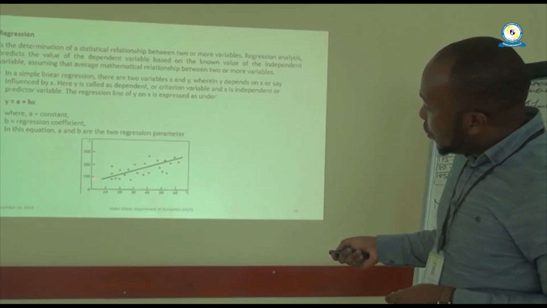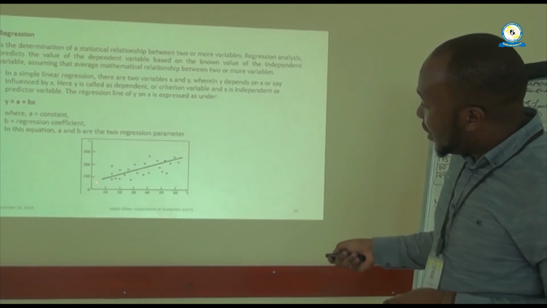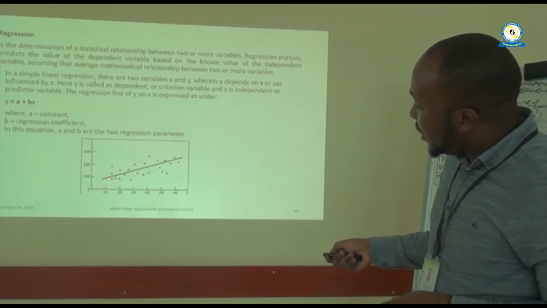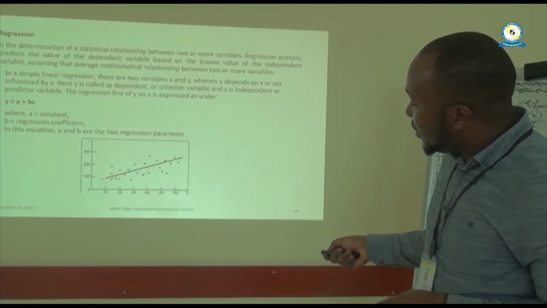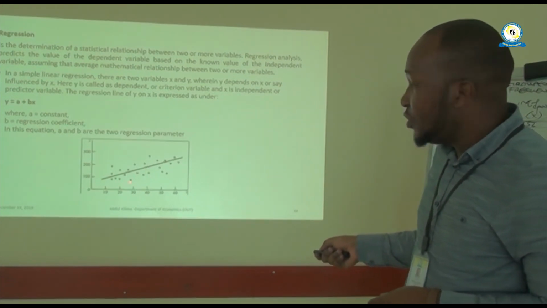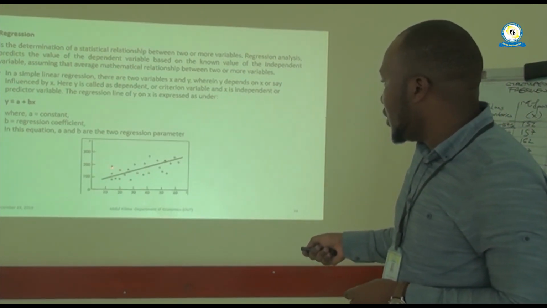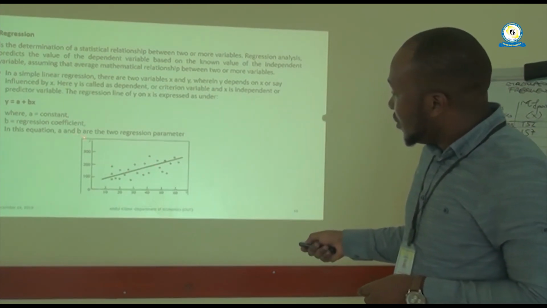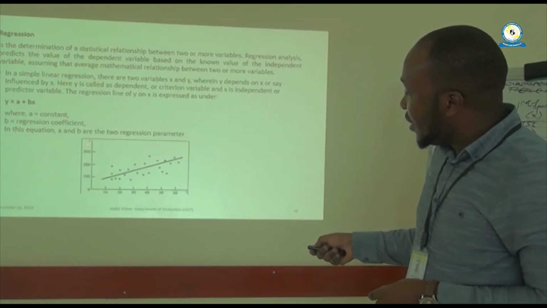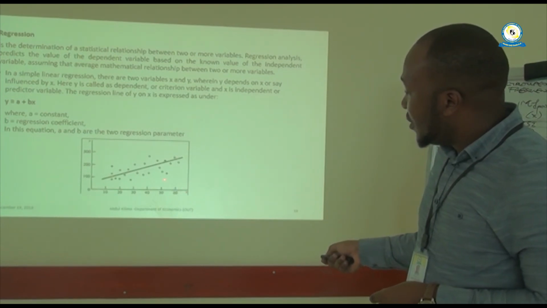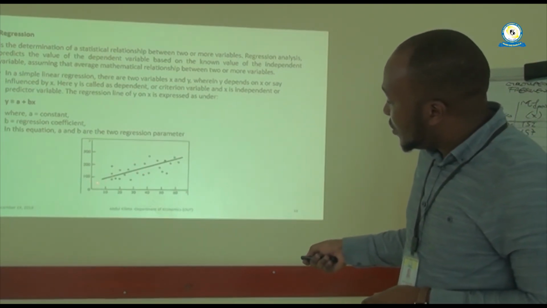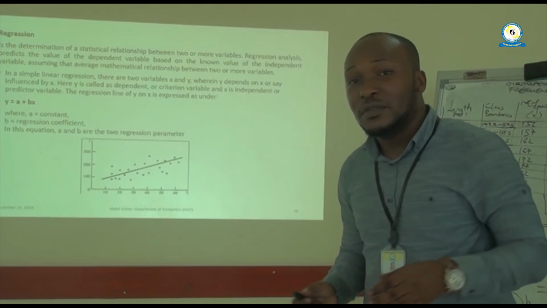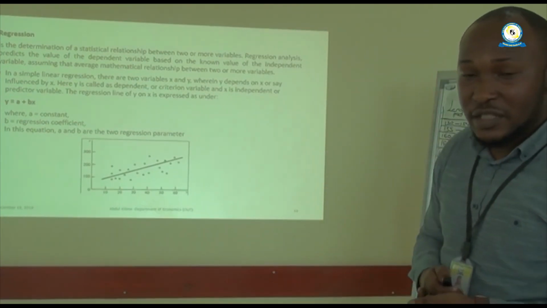When you draw a graph, we want to obtain the best possible fitting relationship. These dots are the number of observations, where y is income and x is age. So we try to draw a line whereby we can see the relationship between the two.